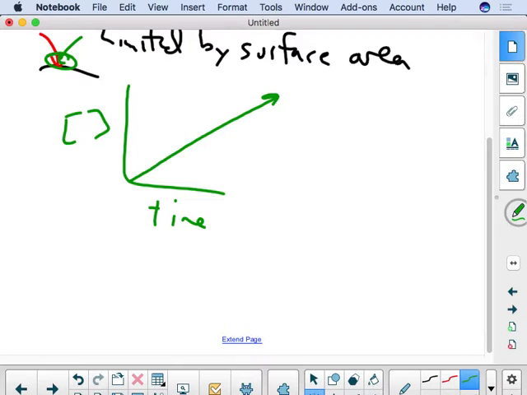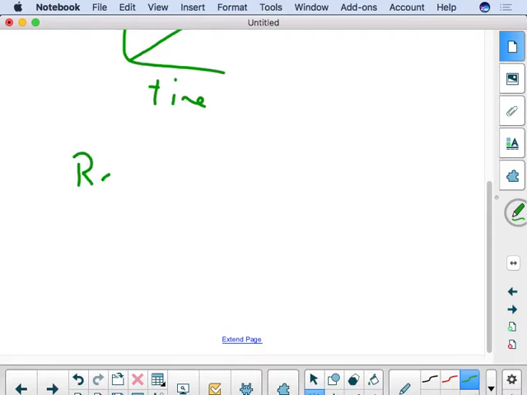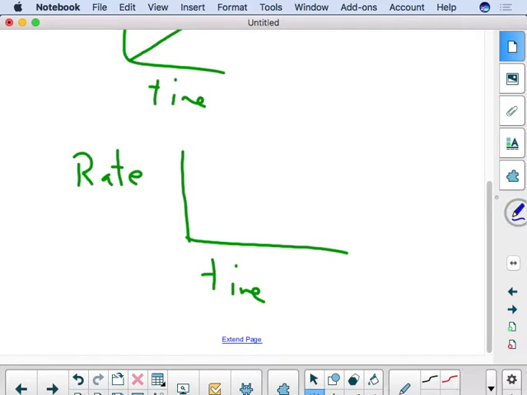If you look at the rate versus time, it's going to be flat. The rate will not change with time because the slope, as Henry noticed, is constant here. It's change over time. It doesn't change.